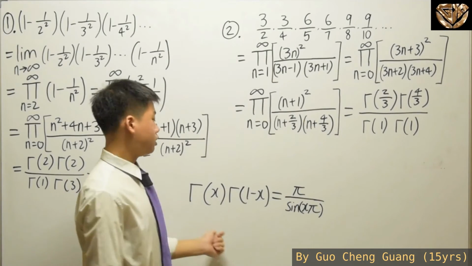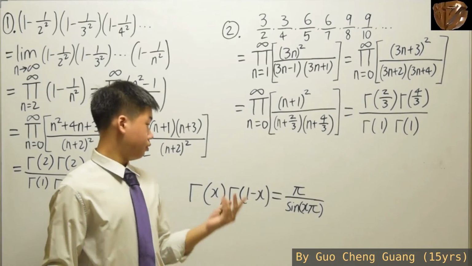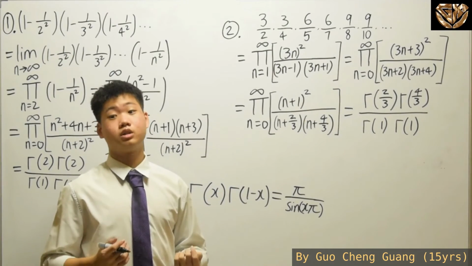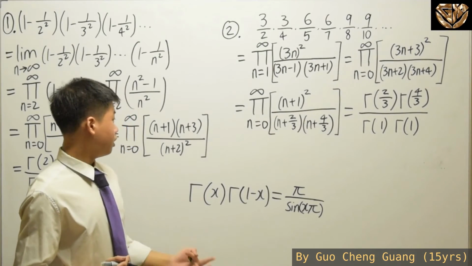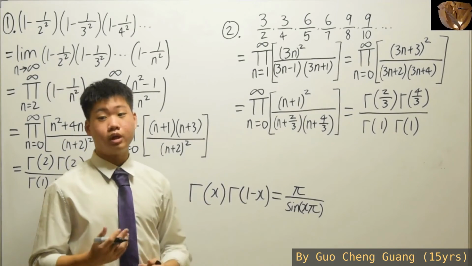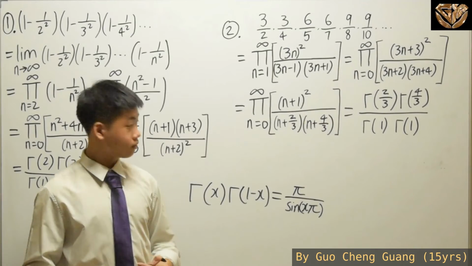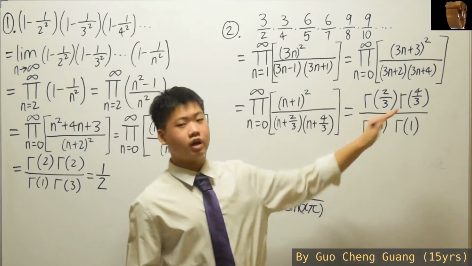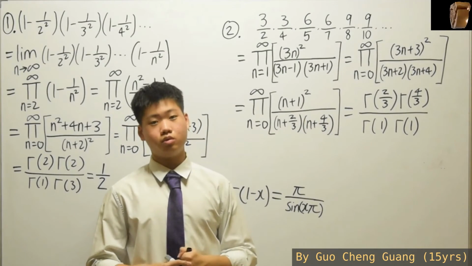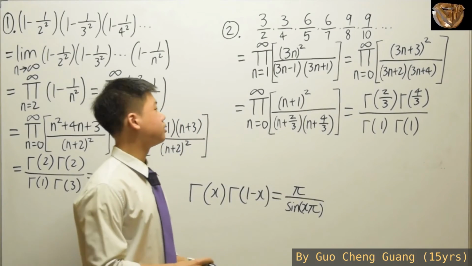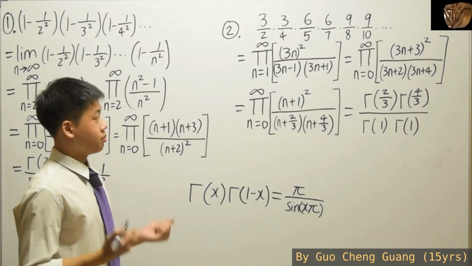Alright, so we use this formula, which you can also call Euler's reflection formula. But these two, you realize they add up to 1. Do these two add up to 1? No. 2 over 3 plus 4 over 3 is 2. So how do we solve it?